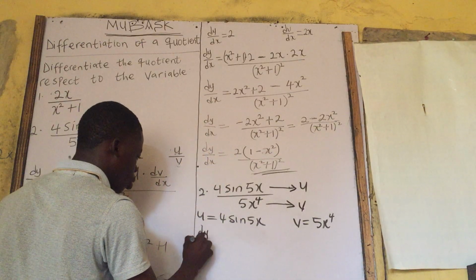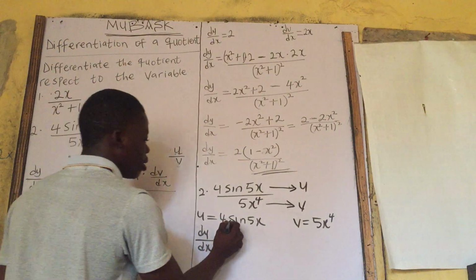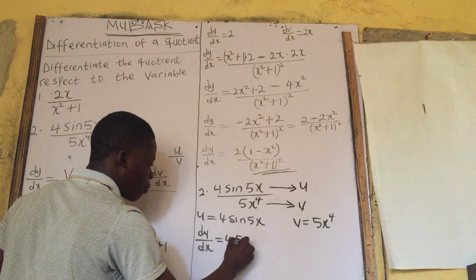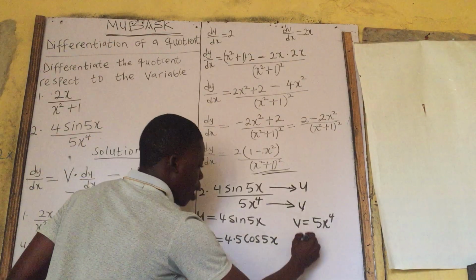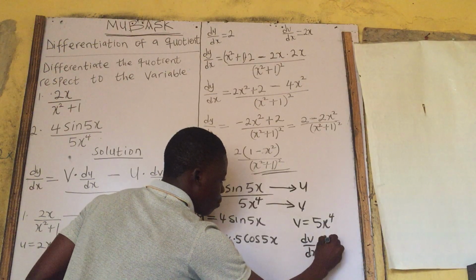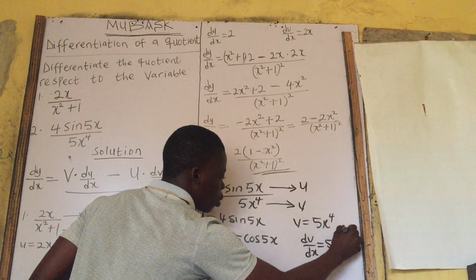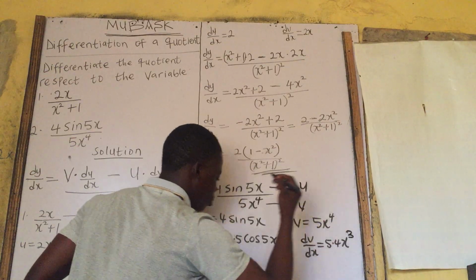Now, du over dx is equal to what? By differentiating it, 4 multiplied by 5 cos 5x, while dv over dx is 5 times 4 raised by x minus what? 4 minus 1 is 3.